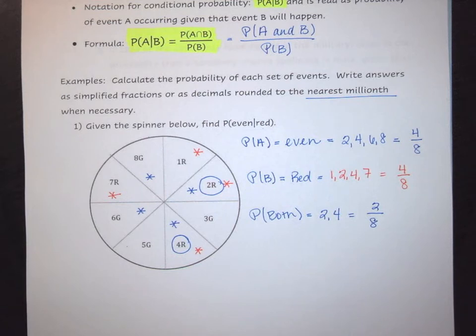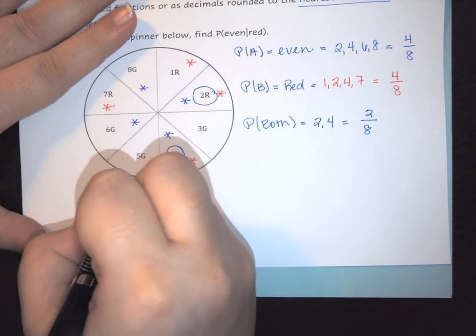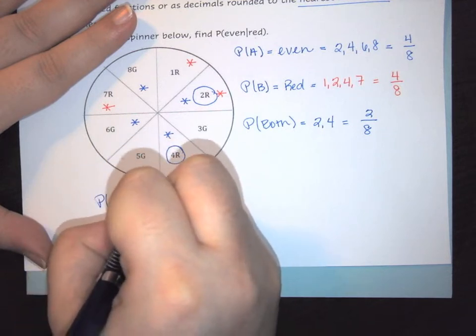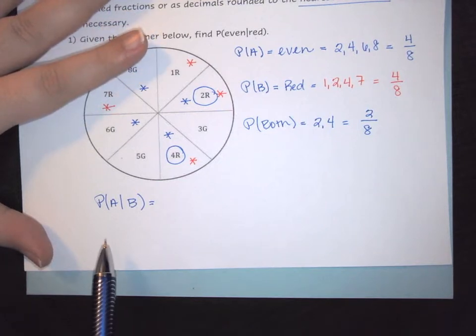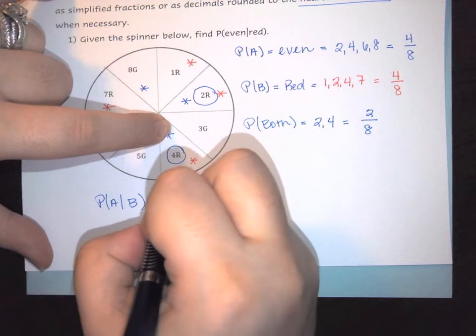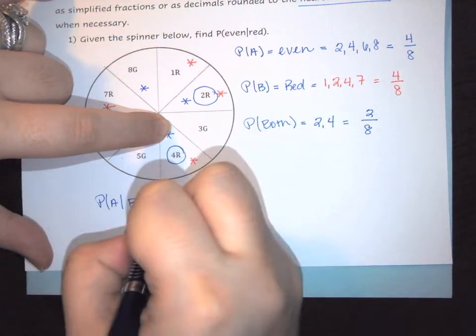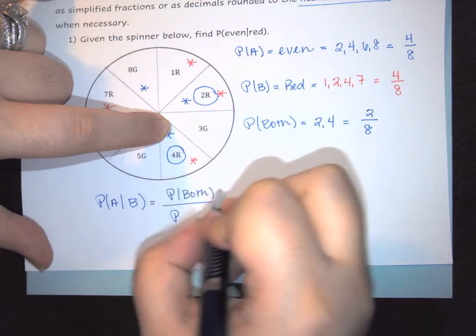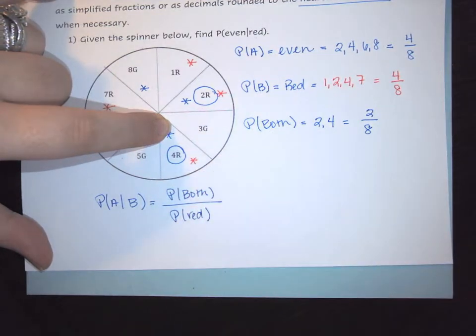So now that we know the pieces, we have to put it all together. We want to know the probability of A given B, our conditional probability. As you remember, the way we set this up is we want the probability of both over the probability of my red.